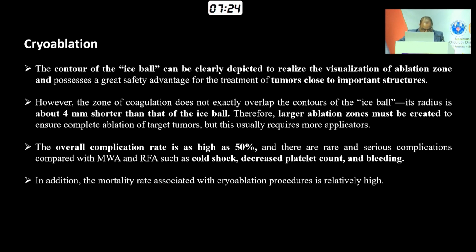Cryoablation has the advantage that we can clearly see the ablation during the procedure, as you can visualize the ice ball that forms around the probe, and you can exactly see whether the tumor is included within that ice ball or not.